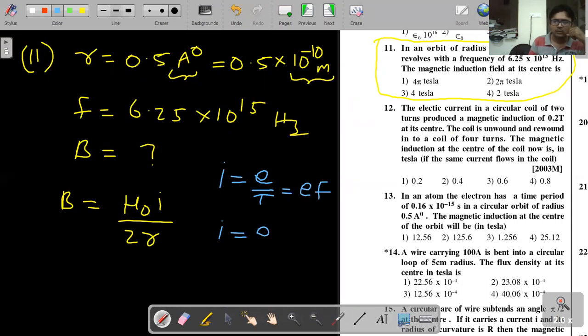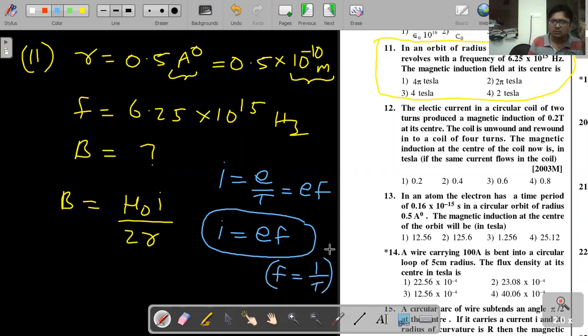So I is equal to E into F. What is this E, sir? Electron charge. Why did you take electron charge here, sir? Because current is rate of flow of charge, charge by time. Charge I am taking as E, time is nothing but time period. Frequency is nothing but reciprocal of time period.